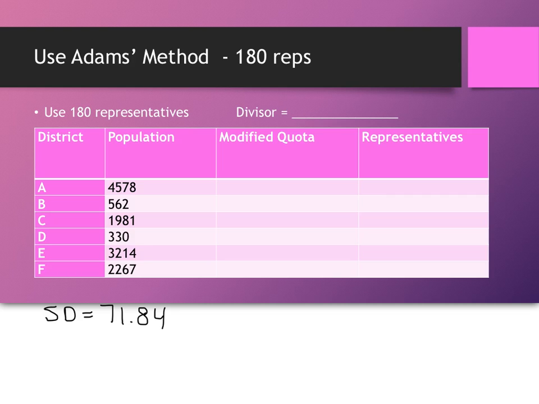Alright, so when I did this, the divisor that I wanted was 73.1, and it did take me a while to get that.